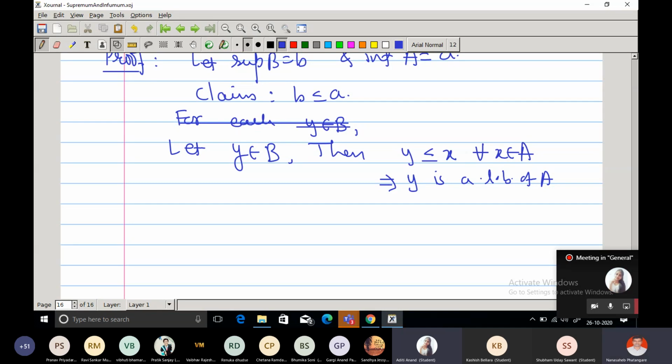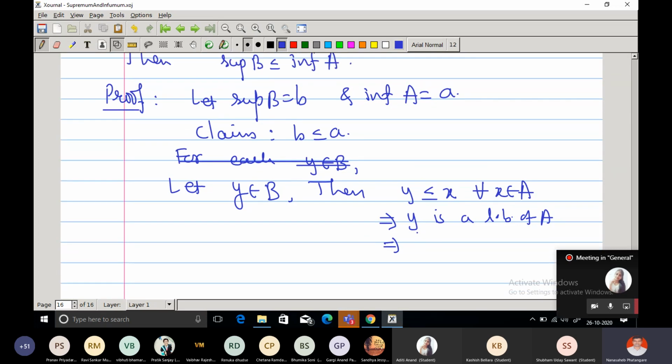Yes, sir. Right. So you choose any element from B and stick to that element. I have just selected one y and I am talking about y. But by the given condition, y is less than or equal to every element of A. So y is a lower bound of A. And therefore, what is the relation between A and y?